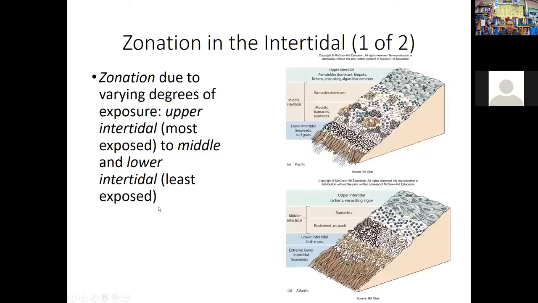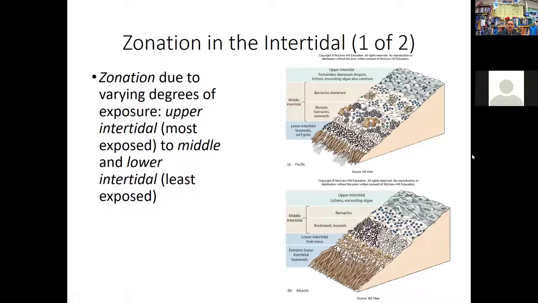Alrighty, so limited space in the intertidal. Also, zonation in the intertidal. I want to say a couple things about that. If you take a look at the picture, there are differences even within the intertidal zone. You have the upper, the middle, and the lower, and you have different organisms that live in different parts.